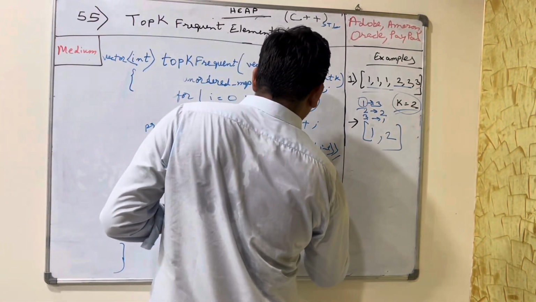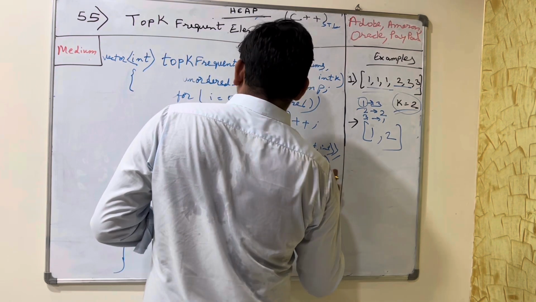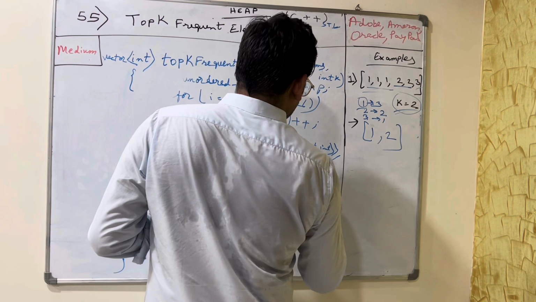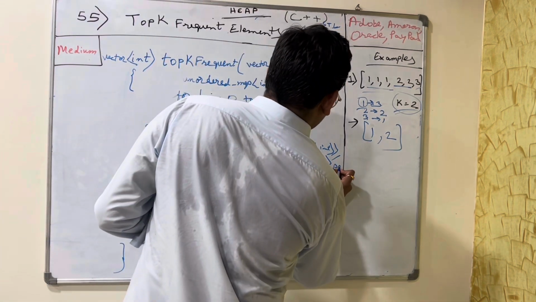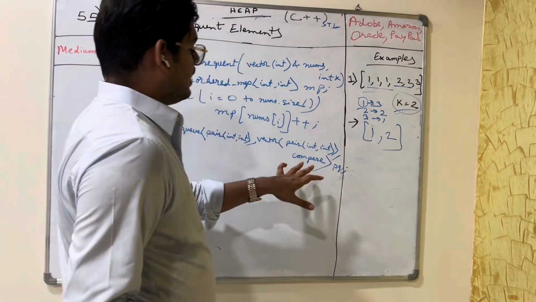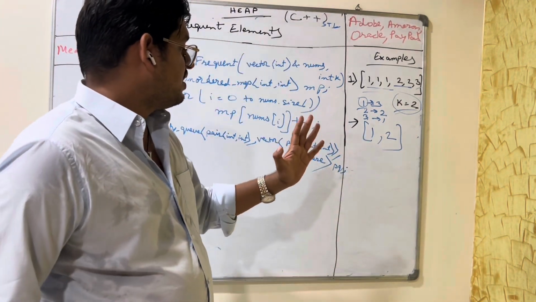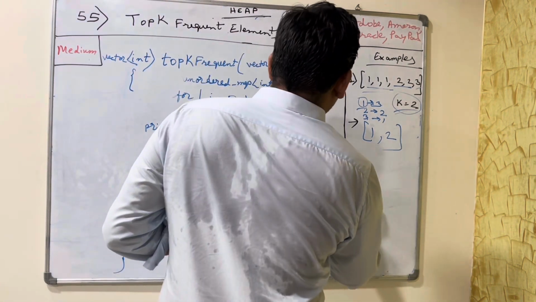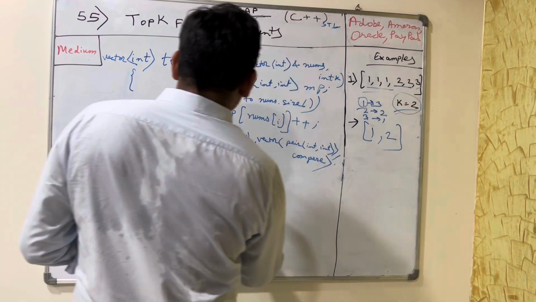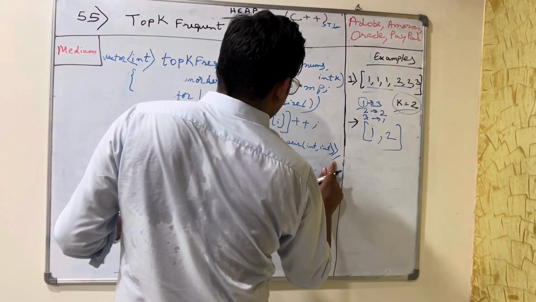Now we will write a compare operator which will help us to get the number from the map which is giving us the most number of frequency, right? So compare, let's write it over here, so we'll get more space.